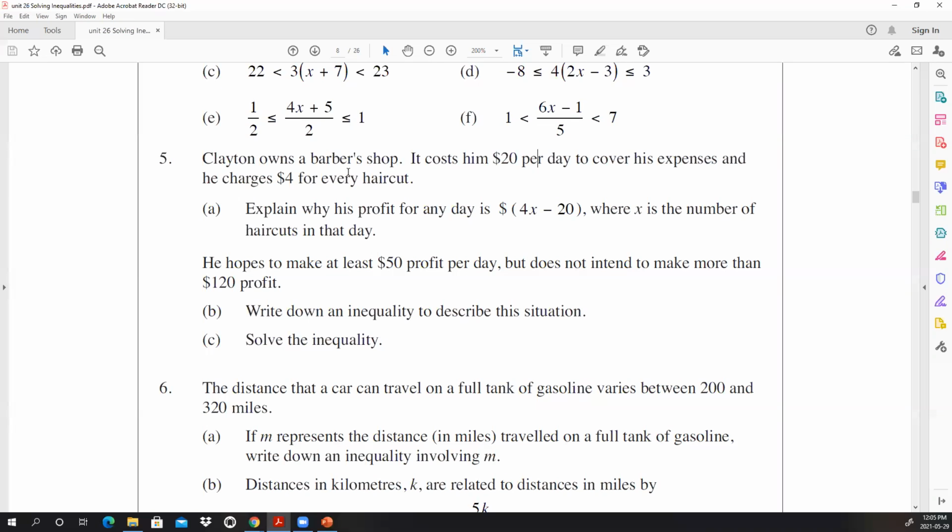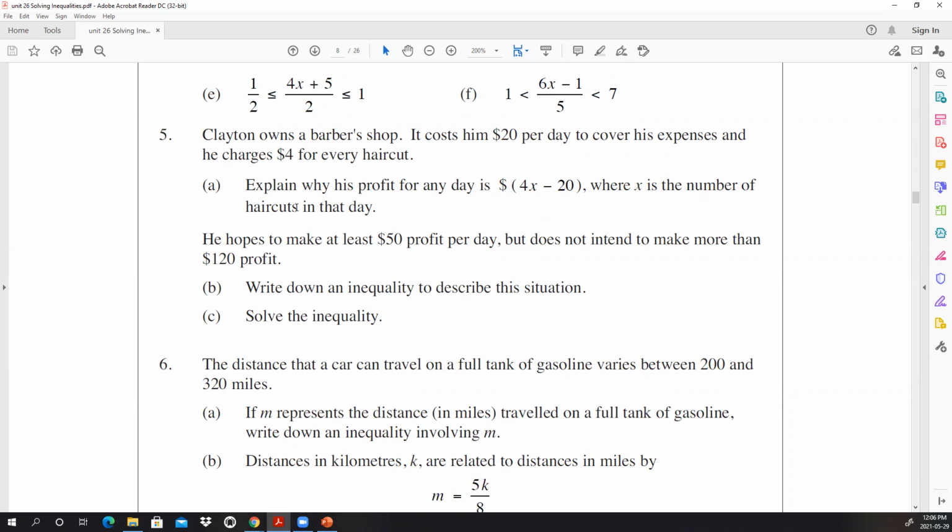Because every haircut he charges $4, that's the unit cost per haircut, and X is the number of haircuts. So you have 4 times the number to get the income, and then the expense section is just as it says, overheads for operating a business. So you have income minus expense, which is a profit, right? So that works well.